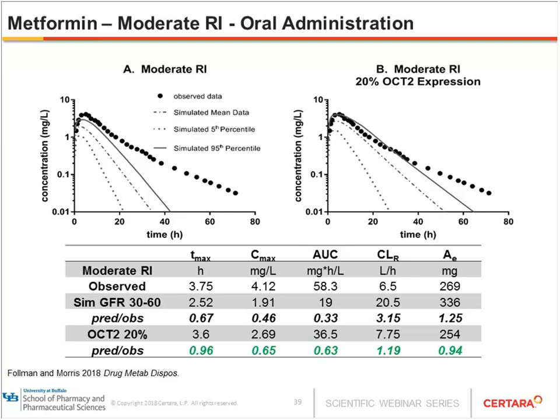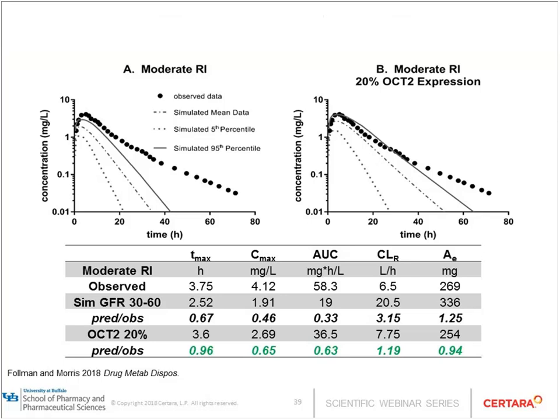So you can see that when we compare the predicted over observed for the modified to the base simulation, there's an improvement in prediction of all PK parameters. Most specifically, if we look at renal clearance, the predicted over-observed for the base simulation is around 3, which is quite a high over-prediction. But this is corrected in the modified simulation, and we get a predicted over-observed of 1.19. And the improvement is highlighted here in green.